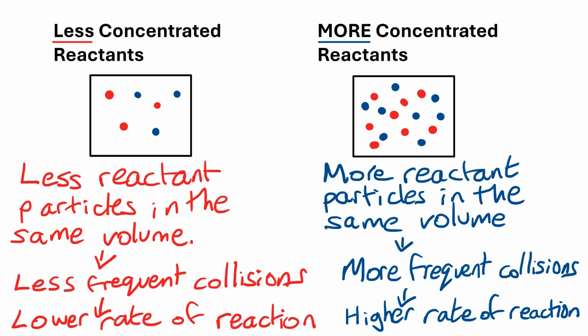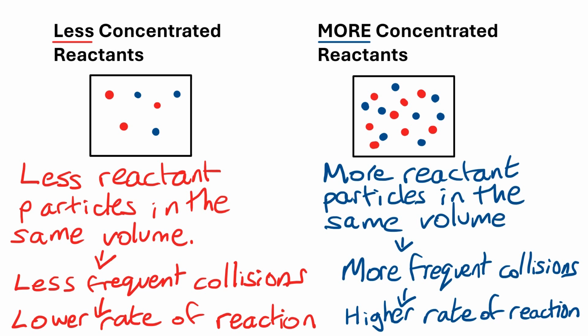This means that concentration of the reactants is going to affect the rate of reaction, because if we've got a dilute solution, the reactant particles will be more spread out, or in other words, there'll be less reactant particles in the same volume, and that means there'll be less frequent collisions and therefore a lower rate of reaction.